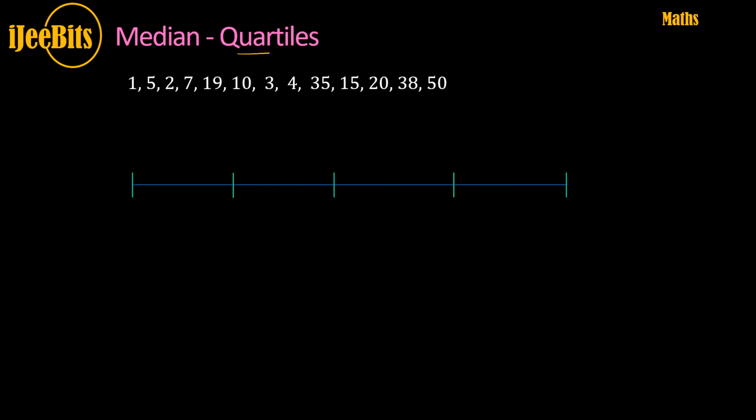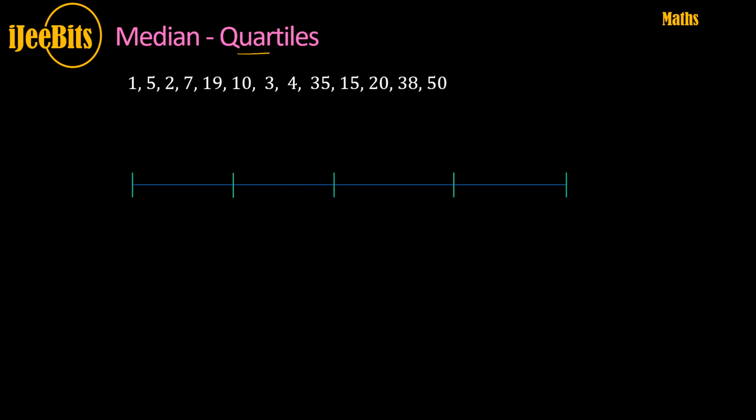When you say median for the given data set, it is 50% of the data, the 50th percent observation would be your median, correct? So let's arrange the given data set in ascending order or descending order.